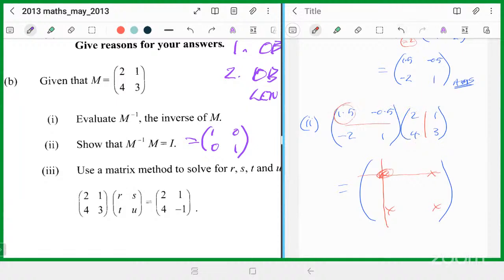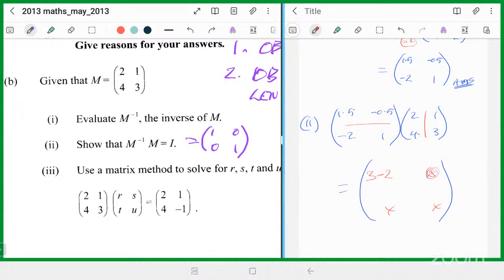Multiply the first element in the row by the first element in the column, then multiply the second element in the row by the second element in the column, and add the products. So 1.5 times 2 is 3. Negative 0.5 times 4, that's negative a half times 4, which is negative 2.